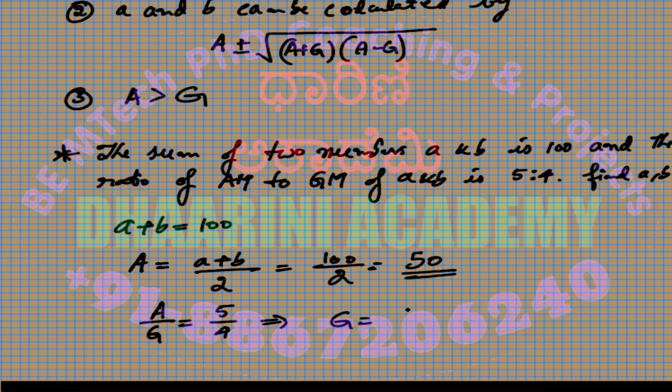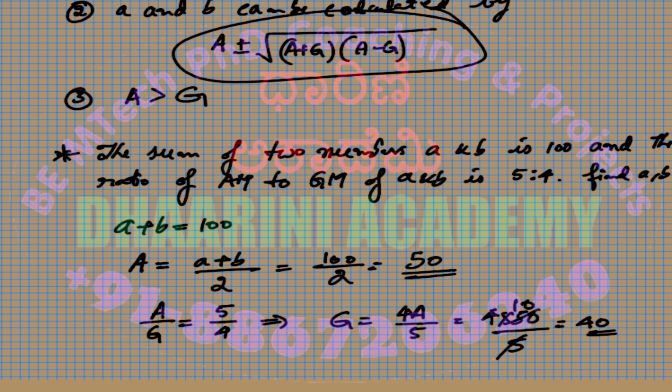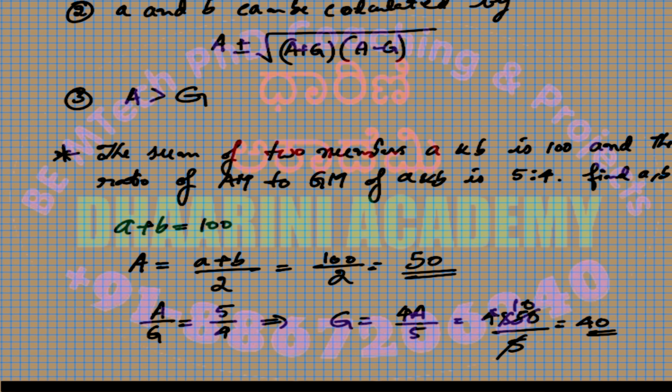So G is equal to 4A by 5. Right? So this is 4 into A, which is 50, divided by 5. So that is geometric mean is 40. If A and G are known, can you find a and b? Yes. So we have the equation, correct?